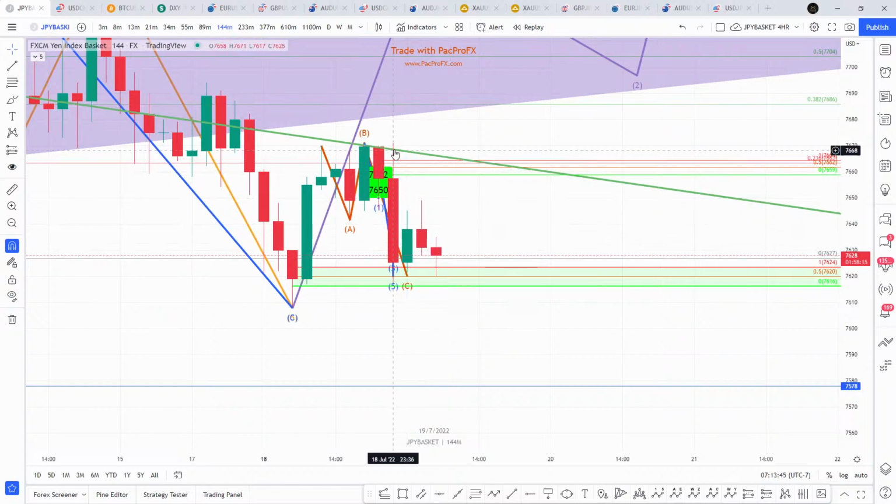So we should see this not go above this high at all. This is probably just going to go sideways here for a little bit, and then maybe push down. And then when the interest rate comes out Wednesday, which is probably on the 20th here, around this point in time, we should see this lower here.